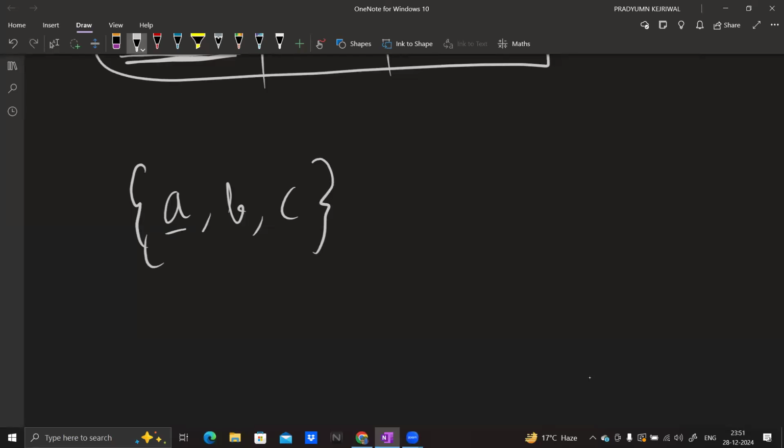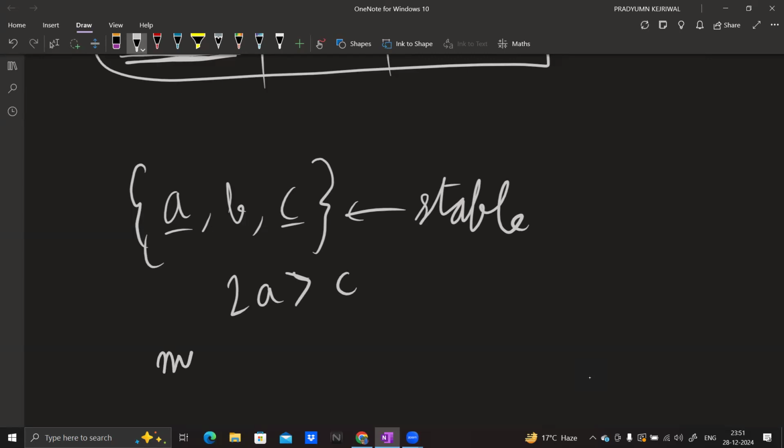So let's say the minimum is A and the maximum is C. So definitely, if this is stable, then we know that 2 into A is greater than C. Now, if you take any subset of that, then the minimum is A and the maximum is C for this, right?